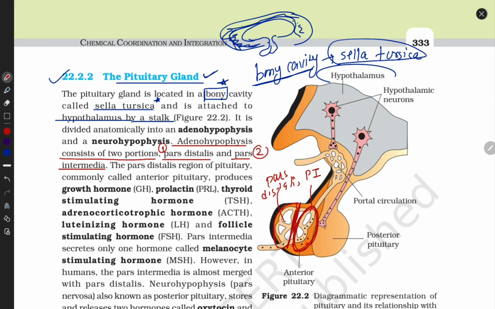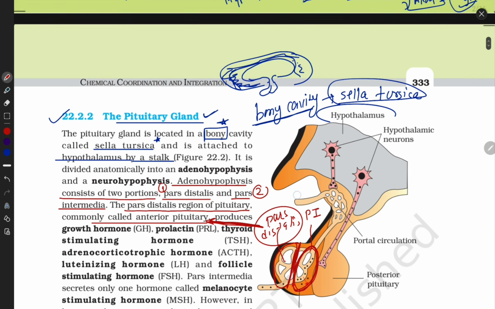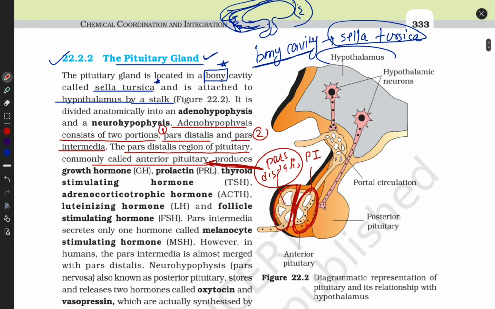Let's move further. The pars distalis region of the pituitary is commonly called the anterior pituitary. This portion of the adenohypophysis is also called what? The anterior pituitary. I elaborate once again.